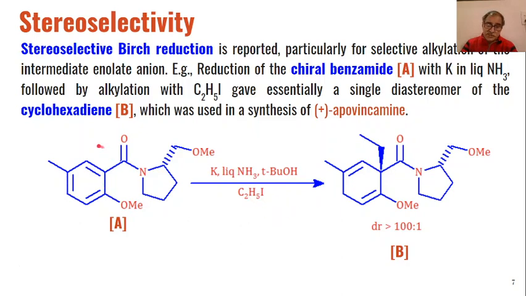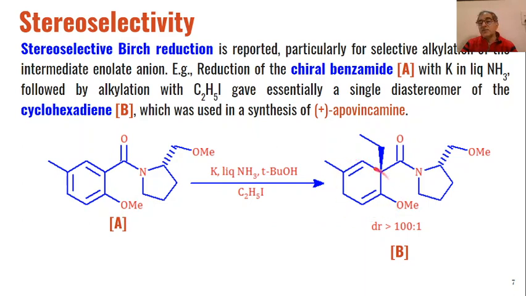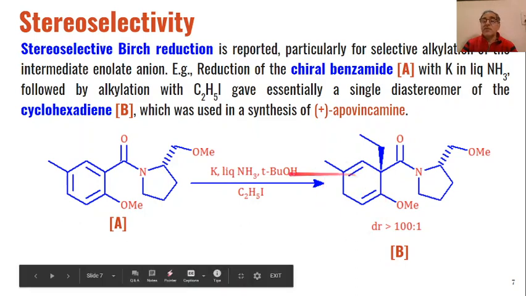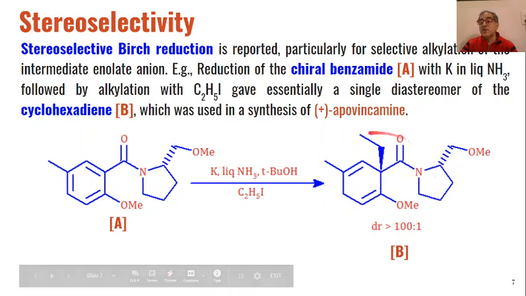So in the first instance, due to Birch reduction, because of the presence of this electron releasing group, a more substituted cyclohexadiene of this type will be formed, and then this cyclohexadiene will undergo addition of the alkyl halide, and we will get this type of stereoselective product.